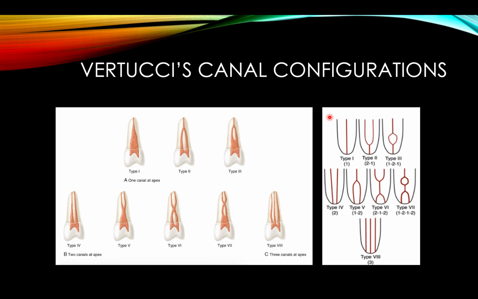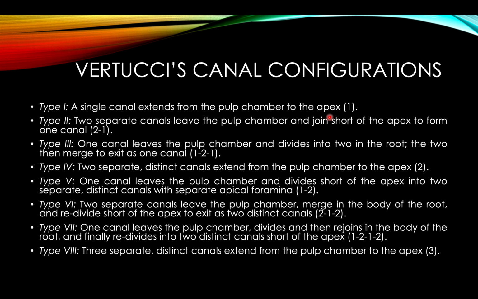Type 6, one canal and then two apical foramina, so we refer to it as 1-2. And then type 7, we have two orifices, they join into one canal and then they divide into two separate foramina, so we call them 2-1-2, and so on.